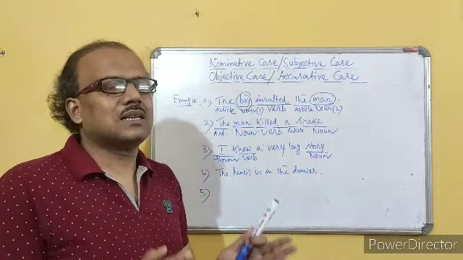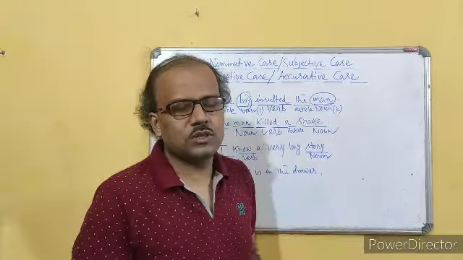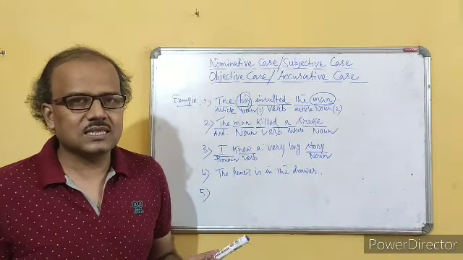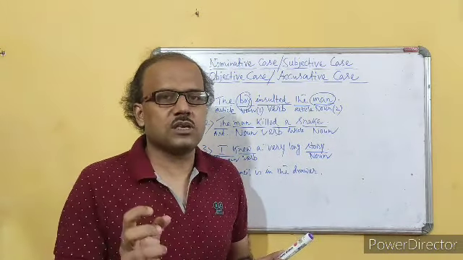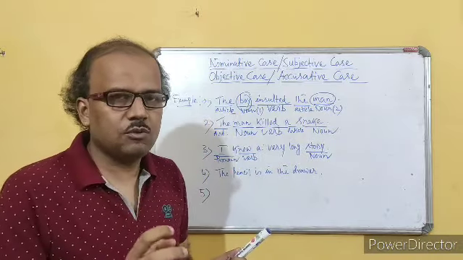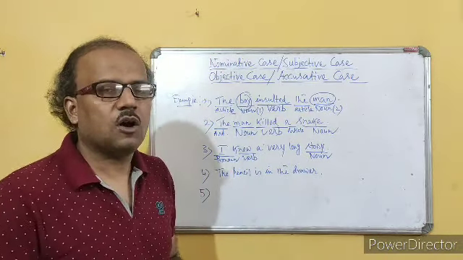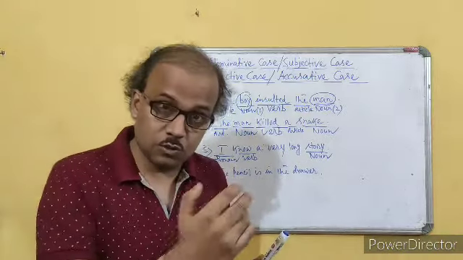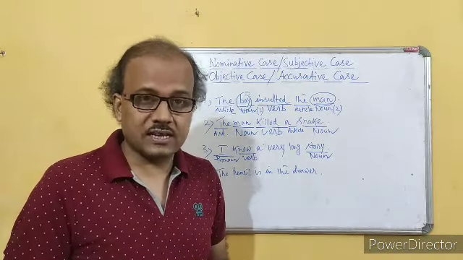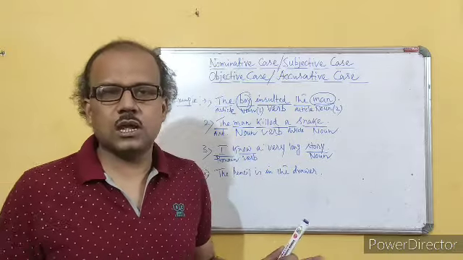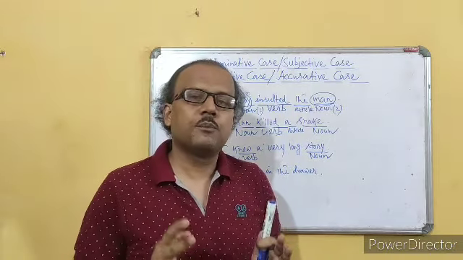As I told you in the previous video, a case is the positional relationship of a noun with any other part of speech. Positional relationship of a noun or a pronoun. So pronoun should be added with noun. This is not only the case of nouns, but also of pronouns.